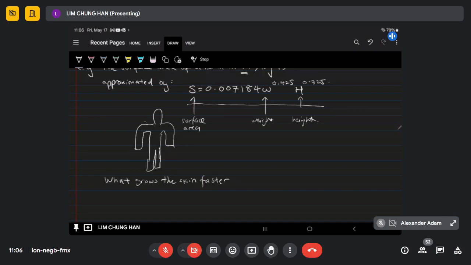What makes your skin grow faster for a person weighing 70 kilograms with a height of 180 cm. Okay.